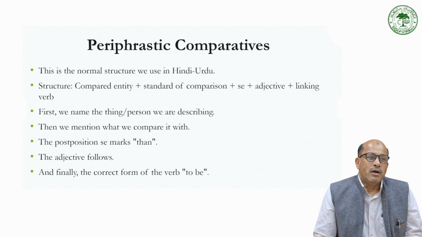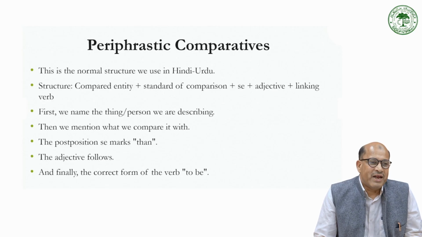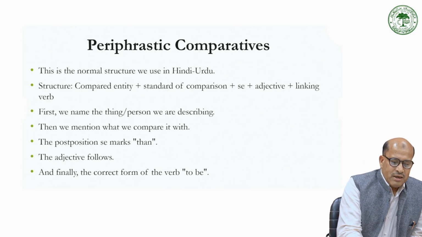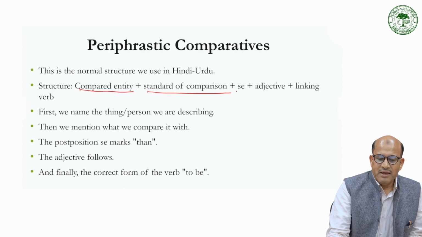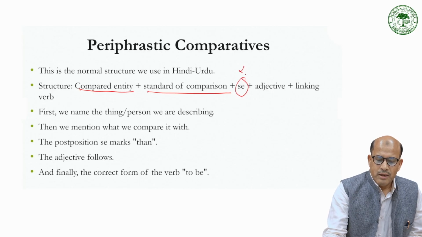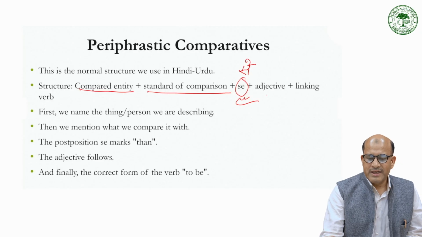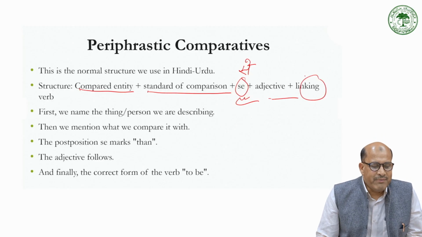Now, this is a normal structure we use in Hindi, Urdu for comparative. So basic structure is, if you look at this, compared entity, then a standard of comparison, then we use se, in Hindi we use se, in Urdu we write it like this, then adjective, then linking verb. So first we name the thing or person we are describing.